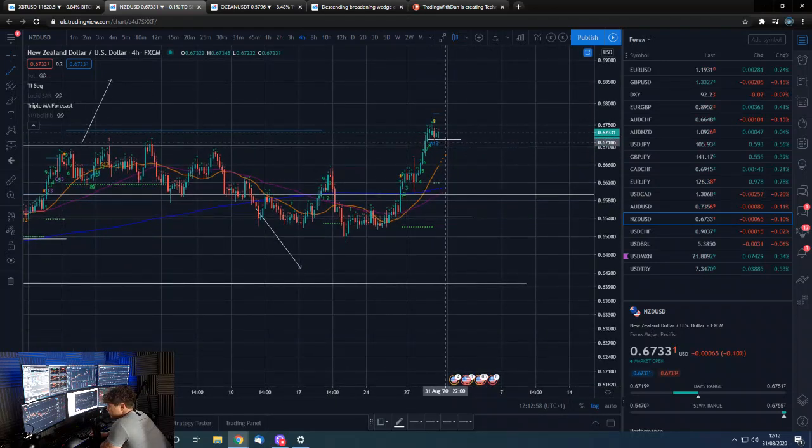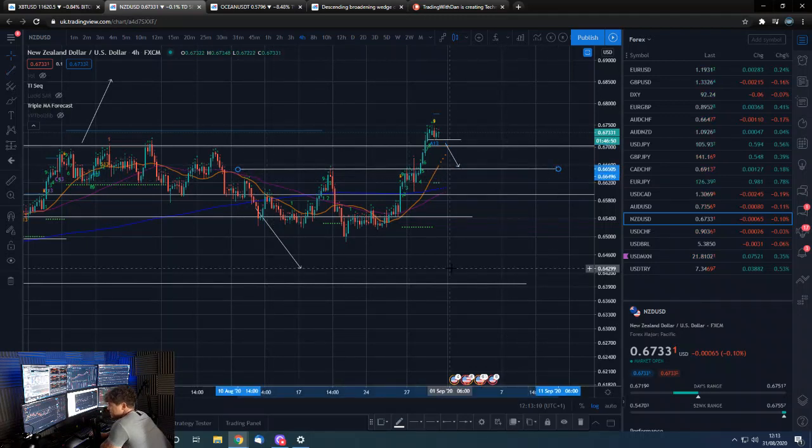So I would probably suggest if we lost it, targeting this sort of area here would probably make some sense. So yeah, that's kind of what I look at if that happens, but I would actually expect it to keep going up, in all fairness.